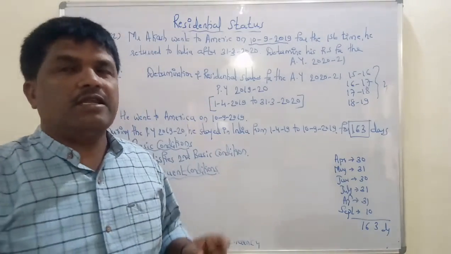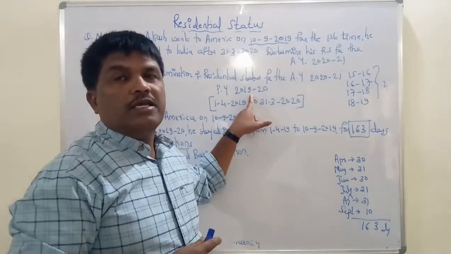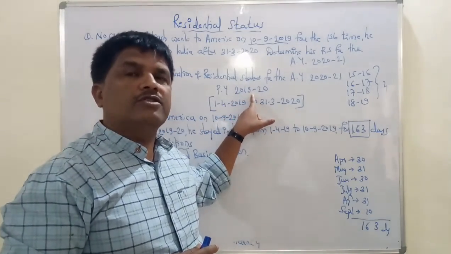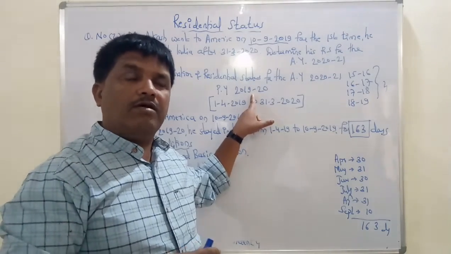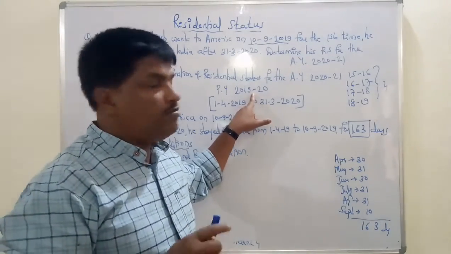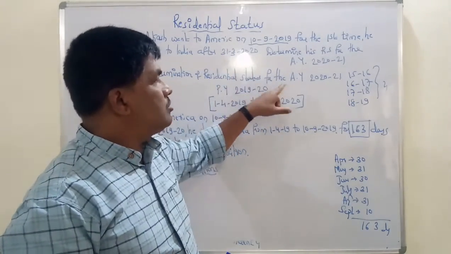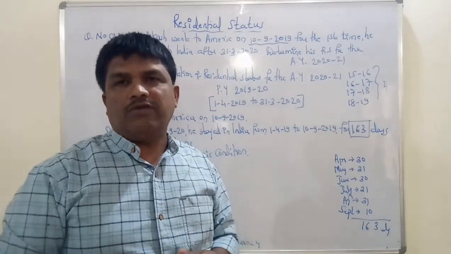Whatever 10 previous years come before the previous year 2019-2020, he must be resident in India in at least 2 previous years. But actually in this problem he was resident in India for all the 10 years because he was in India before the previous year 2019-2020. It means he satisfied the first subsequent condition.